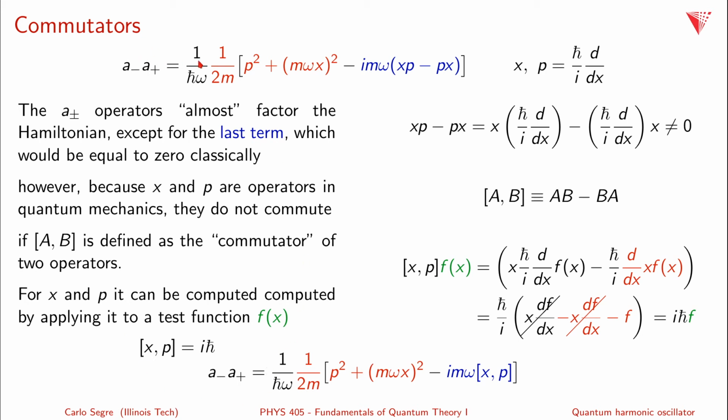Finally, if I then go back up to the top equation and replace the commutator of x and p, this is just 1 over h bar omega times 1 over 2m times p squared plus m omega x quantity squared, minus i m omega times the commutator of x and p.